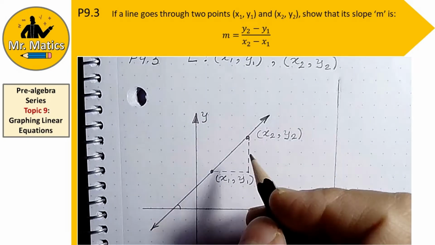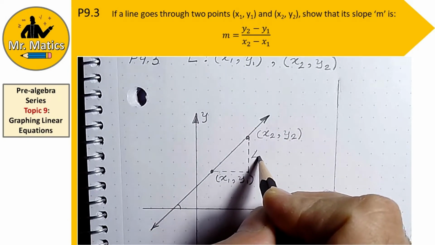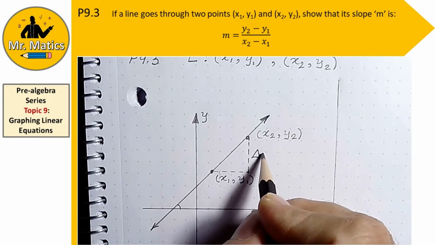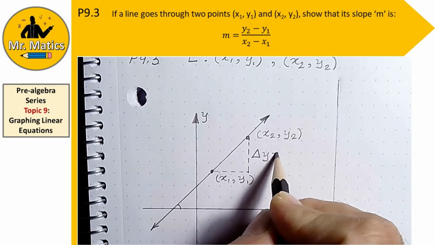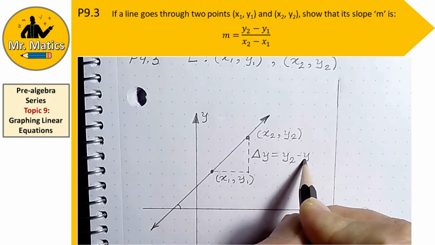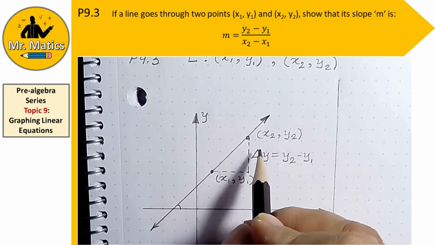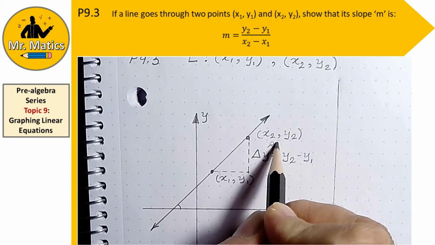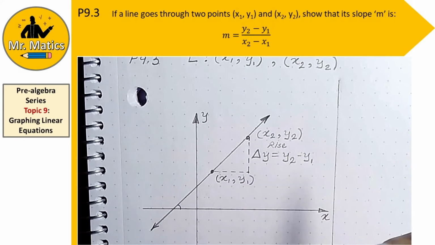So this is the delta y. Delta y means basically difference of the two y's, which is basically y2 minus y1. So that's your rise. And this is your delta x.